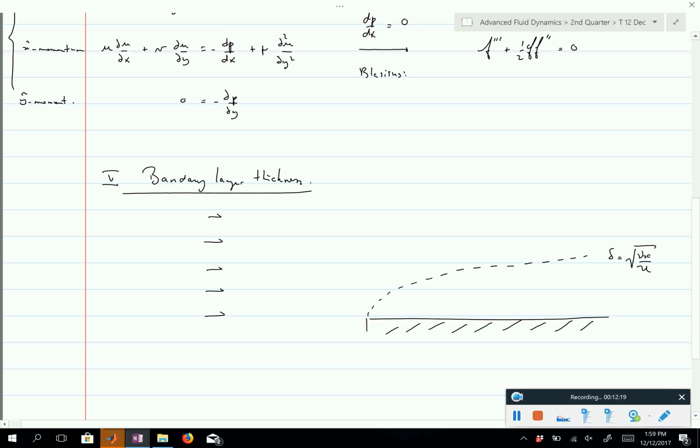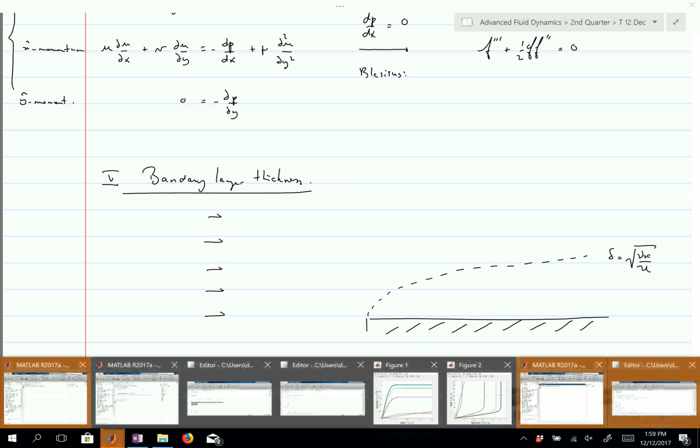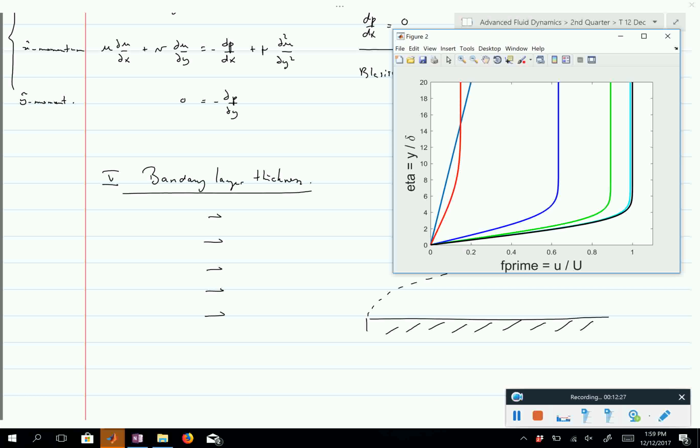Now we do know what the Blasius profile looks like. So let me just pull it up here again. Right. So delta of x, when y equals delta of x, that corresponds to eta equals 1. I'm just making sure you guys are following. When I'm at y equals delta, this is the same as looking at eta equals 1.